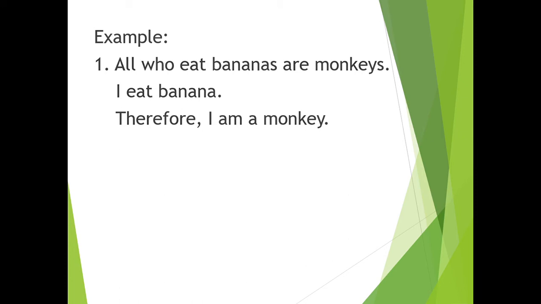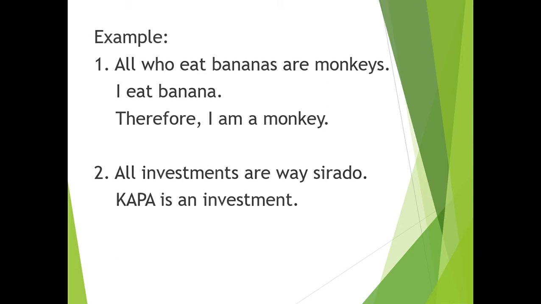Okay? Example number 2. All investments are wise, never closed. Kappa is an investment. What do you think is the conclusion? You start with the assumption that all investments never close.